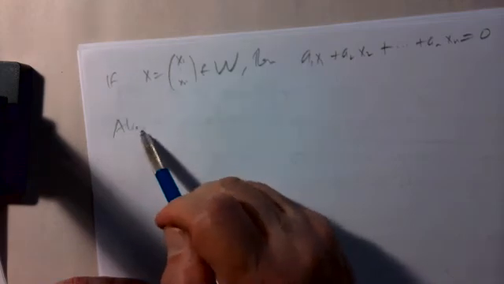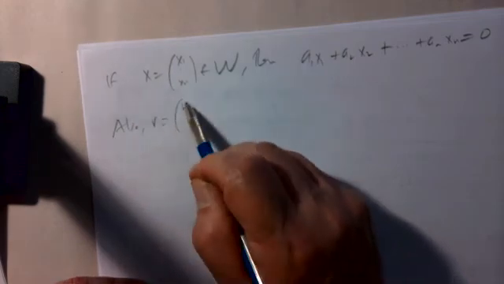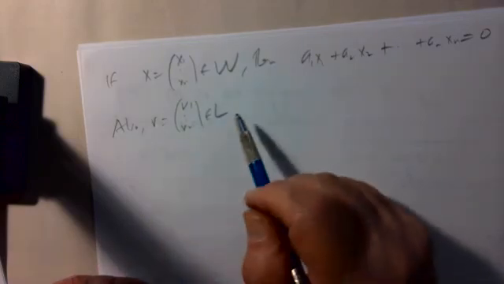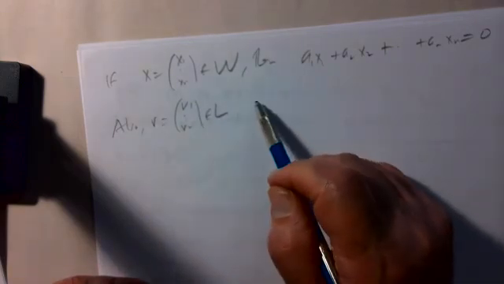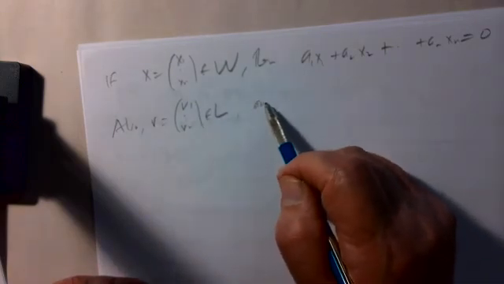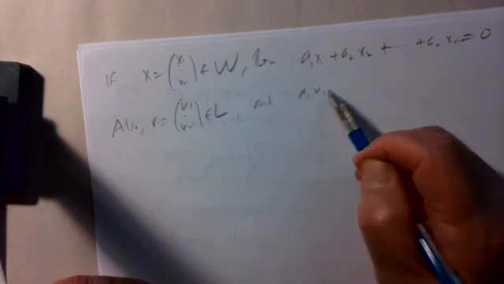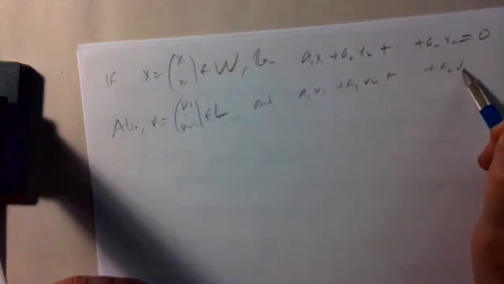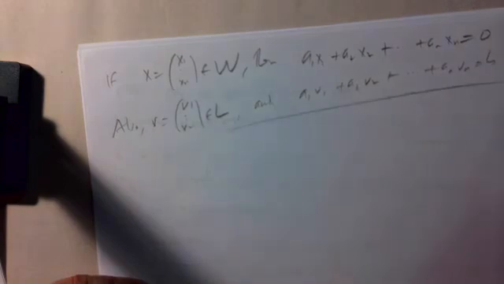But also, this vector v is a solution of the inhomogeneous equation. It's in L. So a1v1 plus a2v2 up to anvn is equal to b.